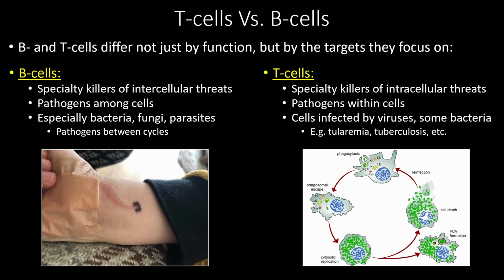So pathogens that hang out among cells can be cleaned up really effectively by B cell activity, particularly bacteria and fungi and parasites. T cells, however, are really good at dealing with intracellular threats, as in things that live inside of cells, viruses and some bacteria especially. Okay, together in concert, they're very helpful, but this is very important, a difference in their main function.